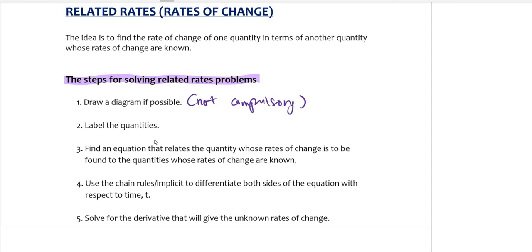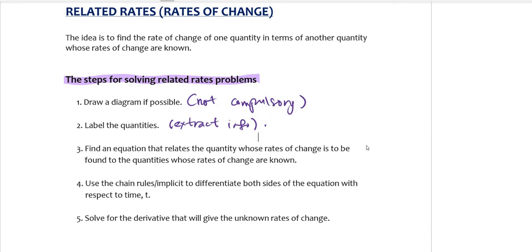Label the quantities or extract the information. Then find the equation that relates the quantity whose rate of change is to be found to the quantities whose rates of change are known.